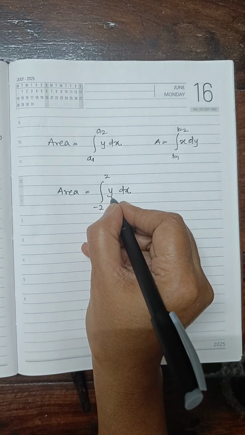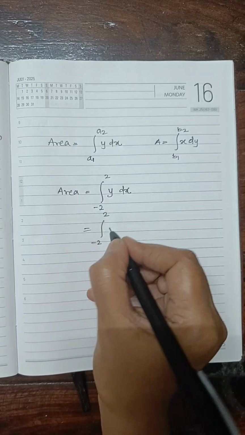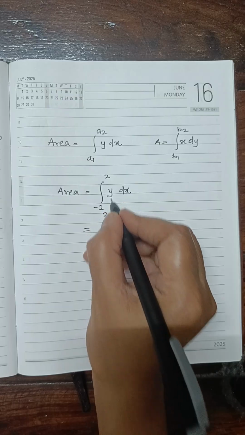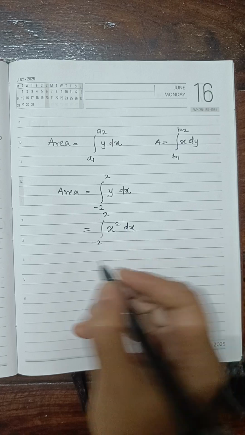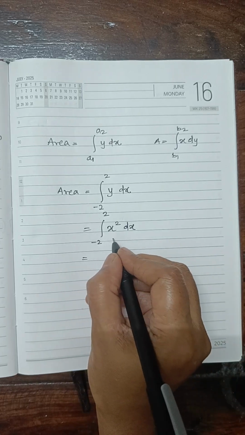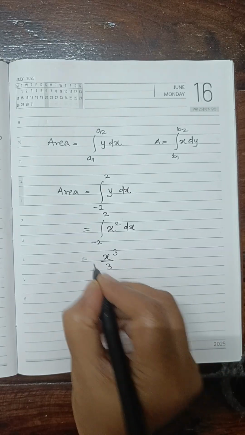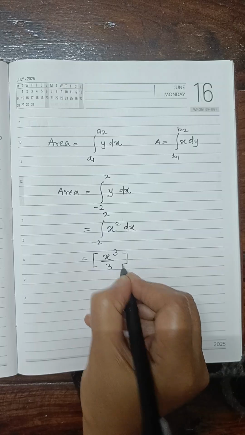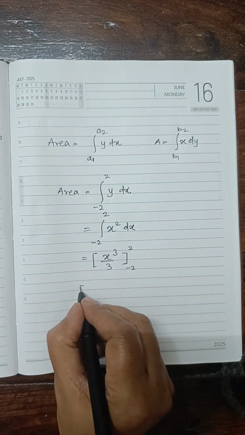Here y is the equation of the curve. Now the equation of the curve is y = x².